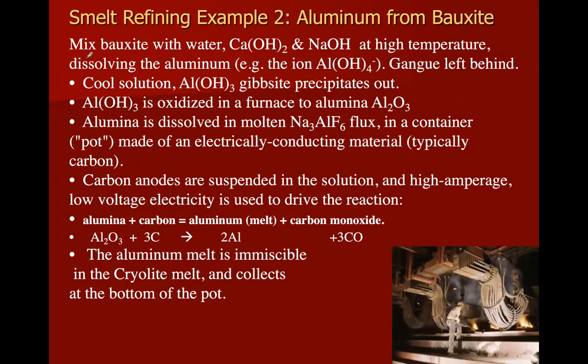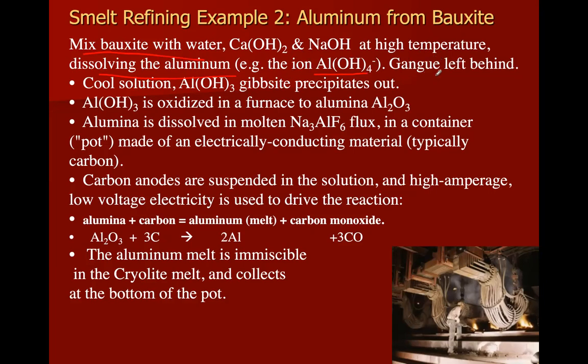For example, aluminum hydroxide from bauxite, gibbsite precipitation, gibbsite production. They mix bauxite with water, right? Hydroxides are formed at high temperature, and they dissolve the aluminum, and some residue is left behind.